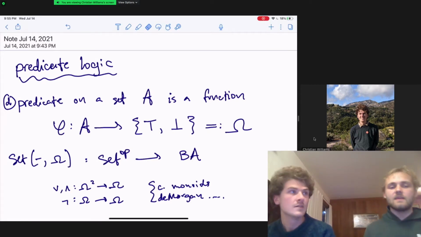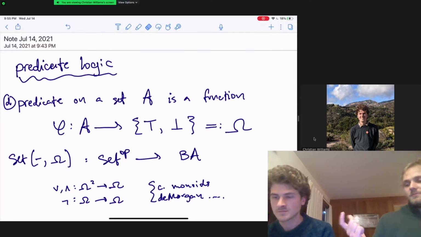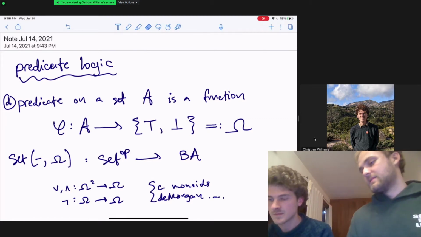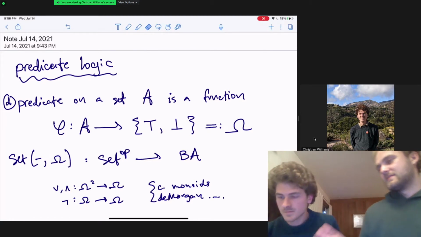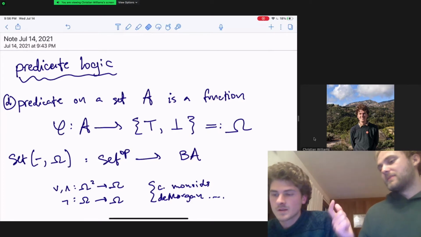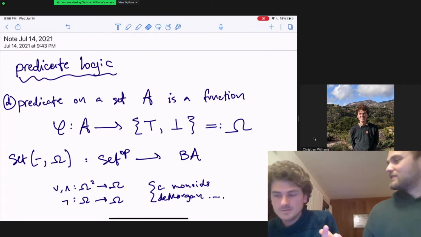The interesting thing is that these maps say that omega is an internal Boolean algebra in whatever category we're working with, but when you take Homs into it, you get a set Boolean algebra. Which is kind of weird.